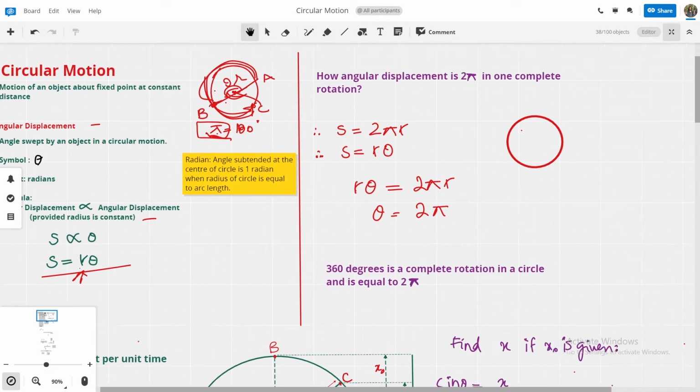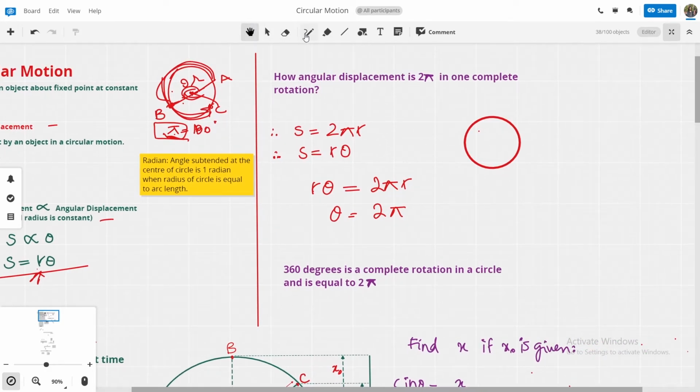Let's look at the common question which we see in exam papers. So how the angular displacement is 2 pi in one complete rotation. As we have been learning from previous classes, the formula for the circumference is 2 pi r, and we just figured out the relationship between angular and linear displacement, which is this: s is equal to r theta.